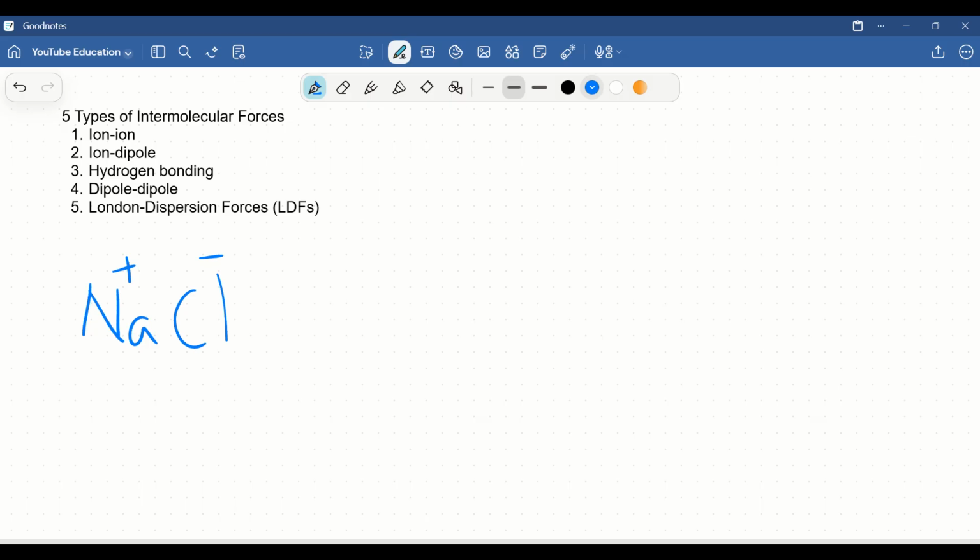If I take another molecule of NaCl, the negative part of the Cl will be attracted to the positive Na, and the positive Na will be attracted to the negative Cl. So this is an example of ion-ion. It's the easiest one to identify. Next one, I'm going to skip ion-dipole and come back to that.